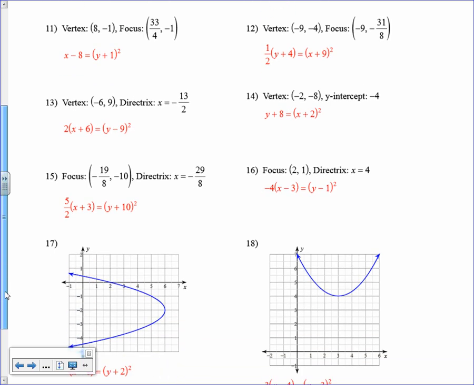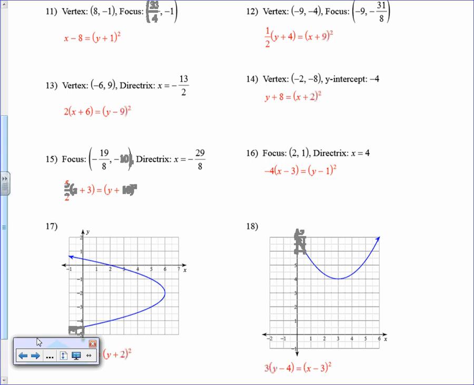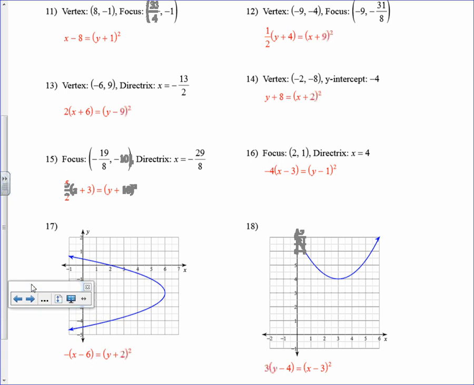At the very bottom, you've got 17 and 18. Let me move that a little so you can check your answers. Let's save specific questions for when I'm back in class on Monday, and that way you can make sure that you get things answered well.